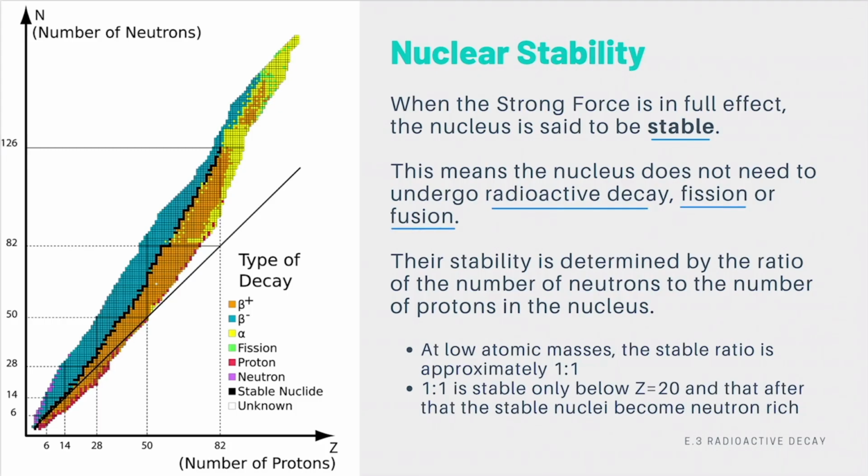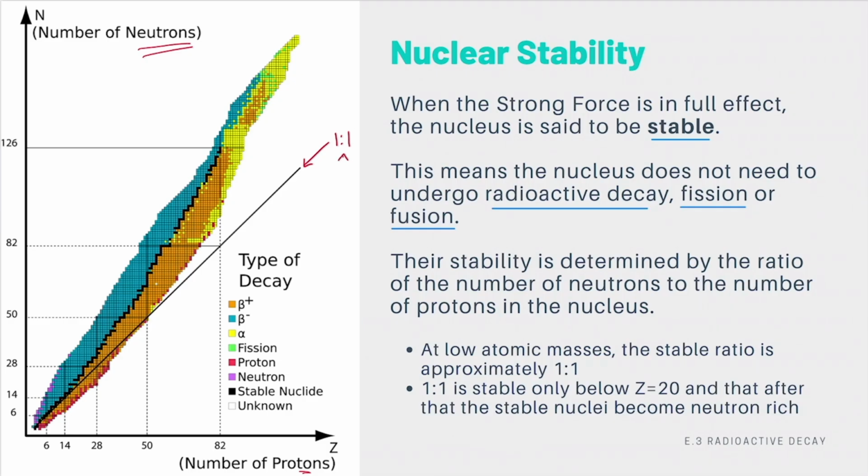We can start to understand some details about stable and unstable nuclei. Let's start by analysing this line here on this graph. You can see that the y-axis is the number of neutrons and the x-axis is the number of protons. Along this line shown, the number of neutrons is equal to the number of protons.